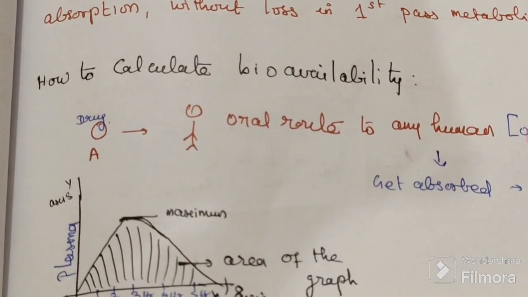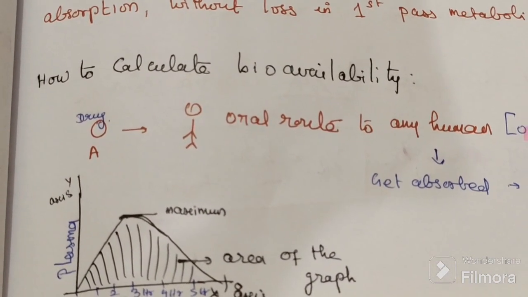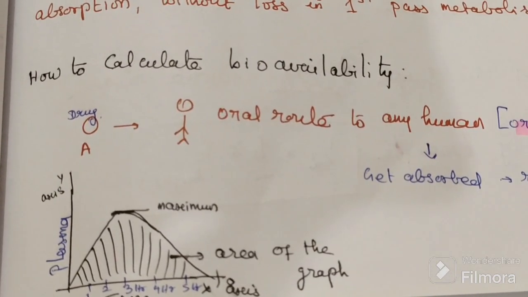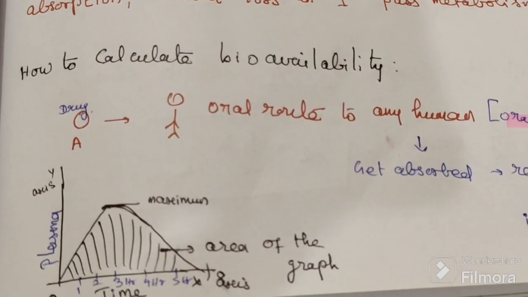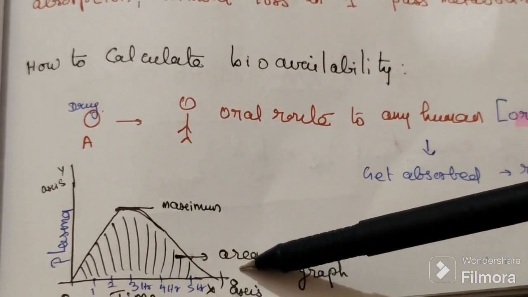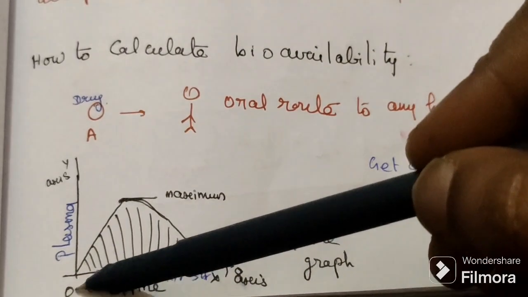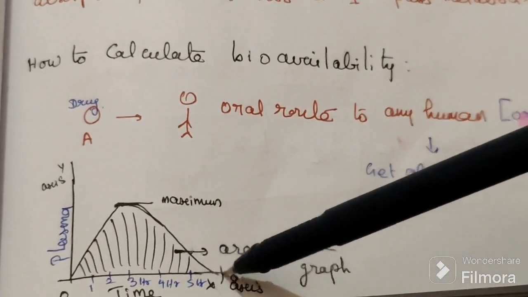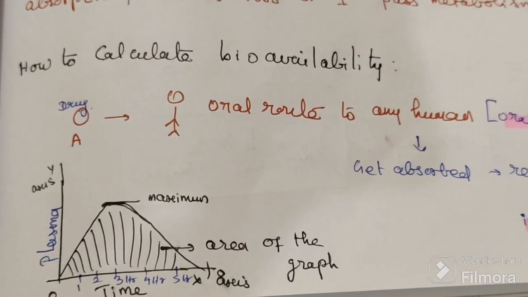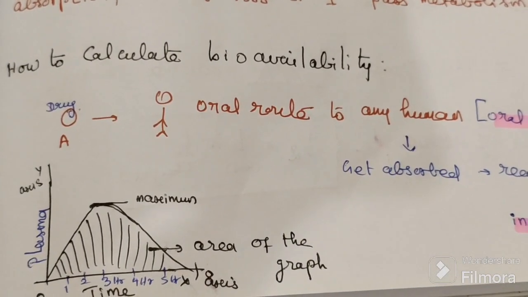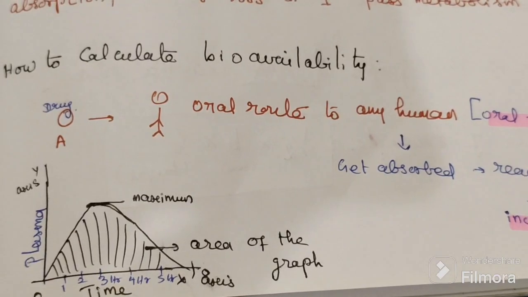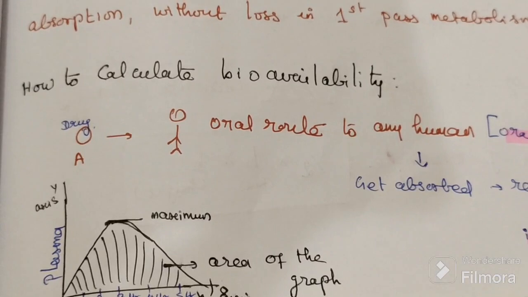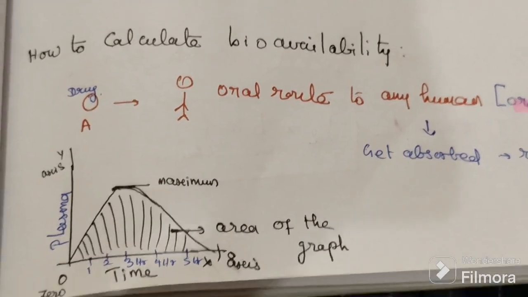After that it will show its mechanism of action and get excreted in urine. Then its concentration falls until it reaches zero, just like the starting zero.